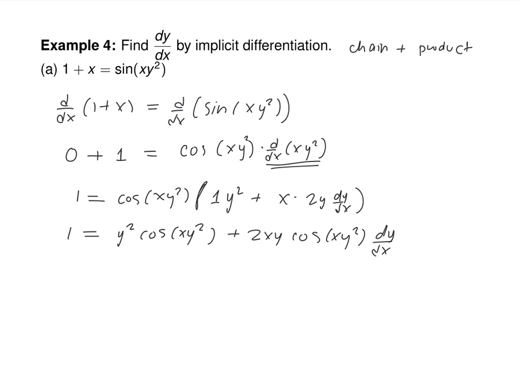And now on your goal to get the dy dx by itself, what do you do first? Subtract the y squared cosine stuff, yep. So 1 minus y squared cosine of stuff.